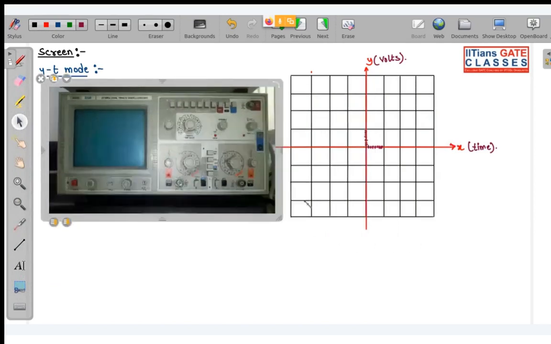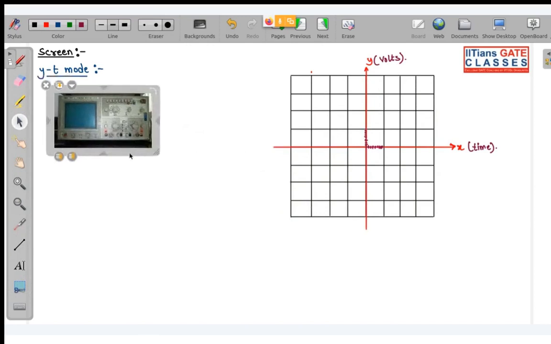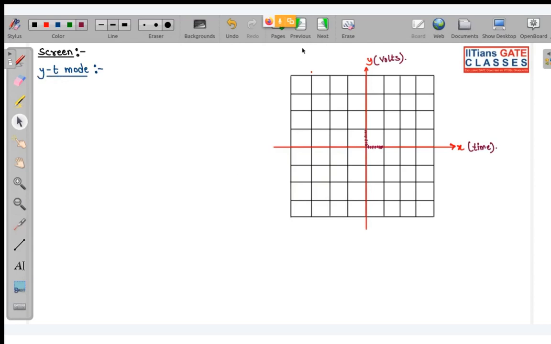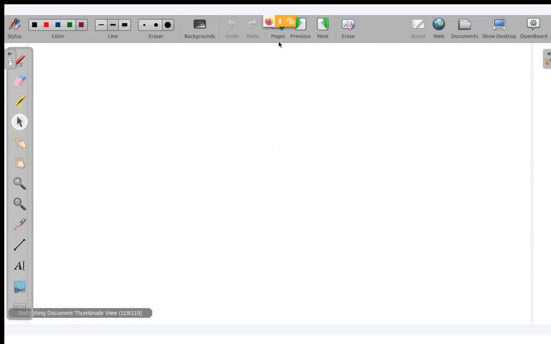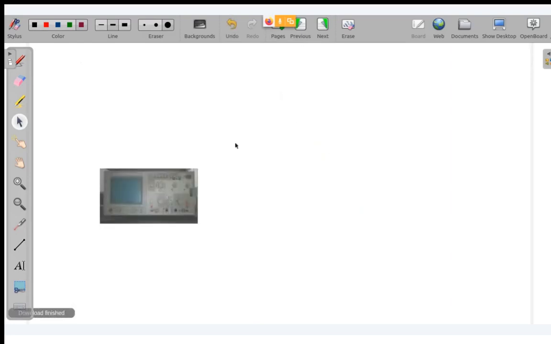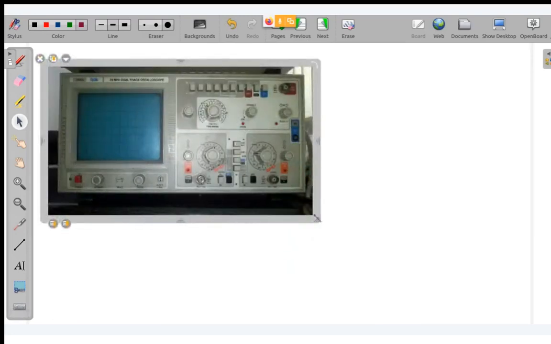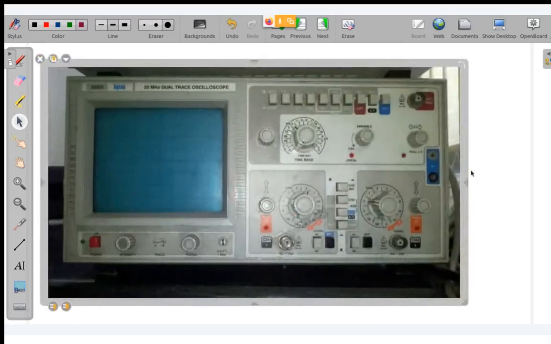I will work upon this now. Let it be. I never knew this feature. From the last 2-3 years I am using this software. Where did it get downloaded? So this is where it is getting downloaded. I never knew this feature was present, that you could directly download one image on this ongoing presentation.